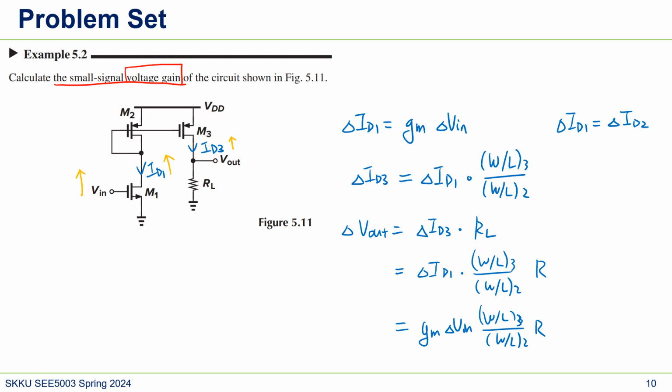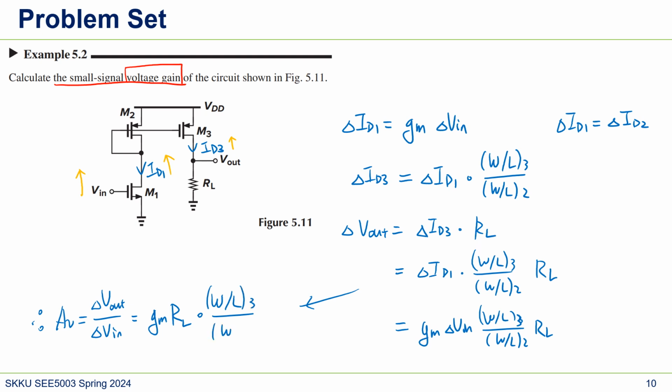So overall, the voltage gain, which is delta Vout over delta Vin, is gm RL times the ratio between transistors.